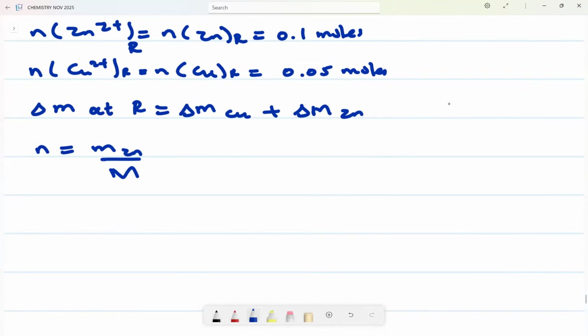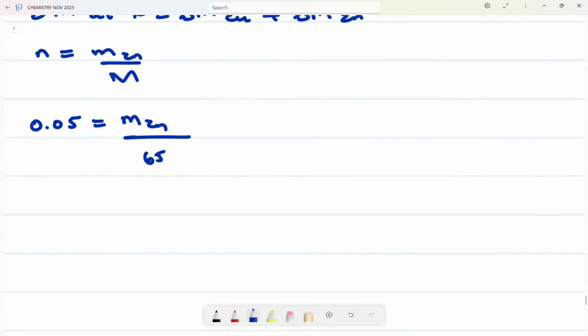For zinc, it is 0.05. Mass is what I'm looking for. Molar mass of zinc, it is 65. We all know that. And then the mass of zinc lost at R is going to be something like 0.25 grams.